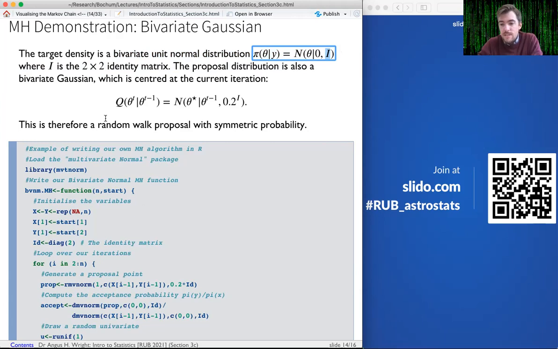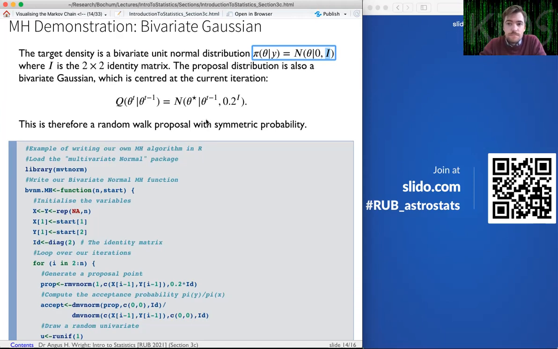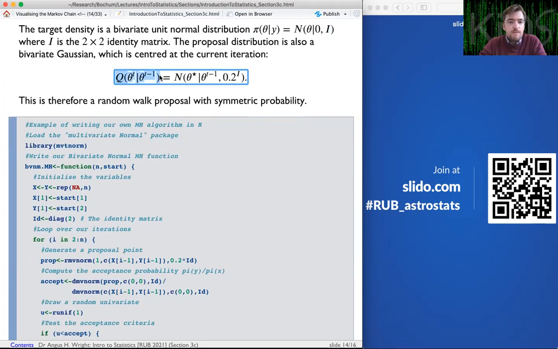So our bivariate Gaussian is a perfectly independent two-dimensional Gaussian with sigma of 1 in x and y and an unknown mean, 0, 0. The candidate generation function is also a normal distribution, with the mean at the location we're currently at and a sigma of 0.2 units. So it's smaller than the actual thing that we're trying to find.